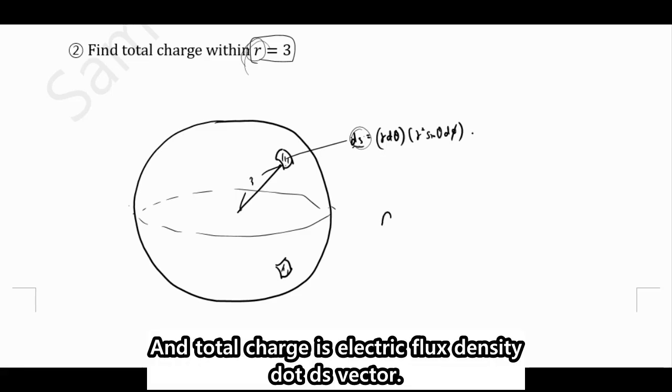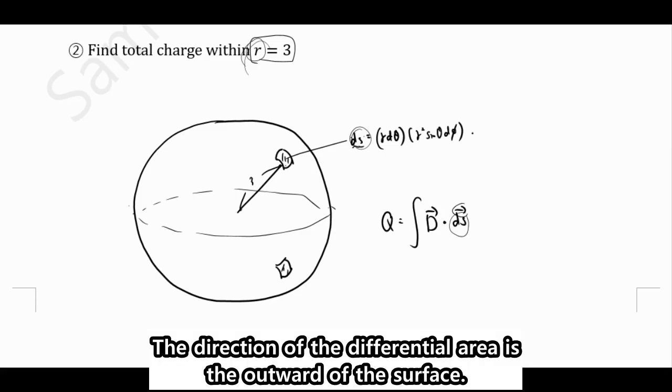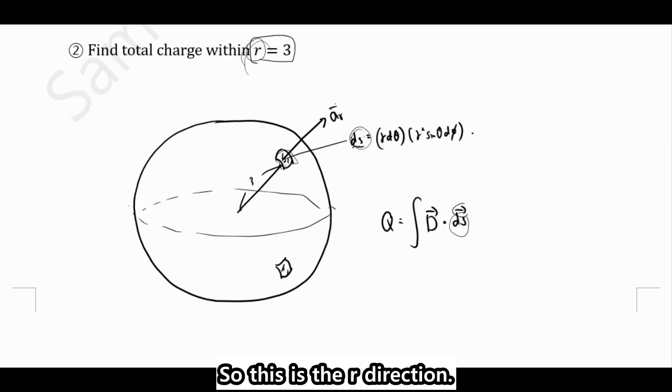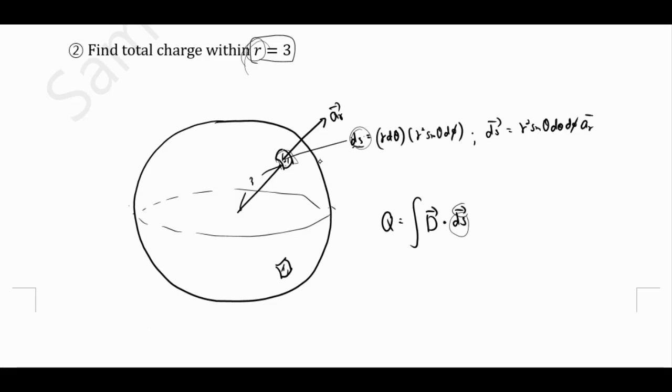The total charge is the electric flux density dot dS vector. The dS vector has a direction: the direction of the differential area is outward from the surface, so this is the r direction. So the dS vector is r squared sine theta d theta d phi a_r vector.